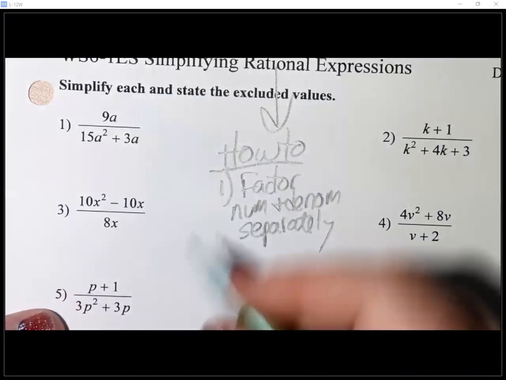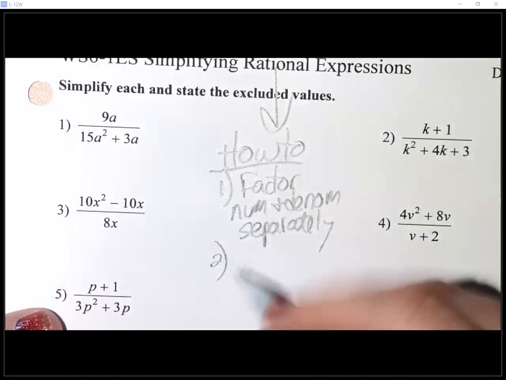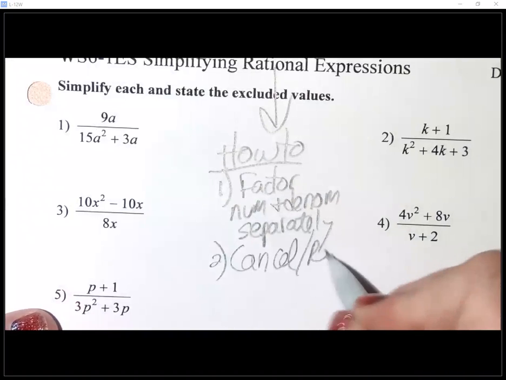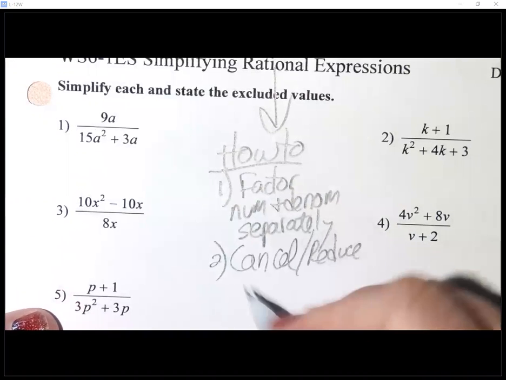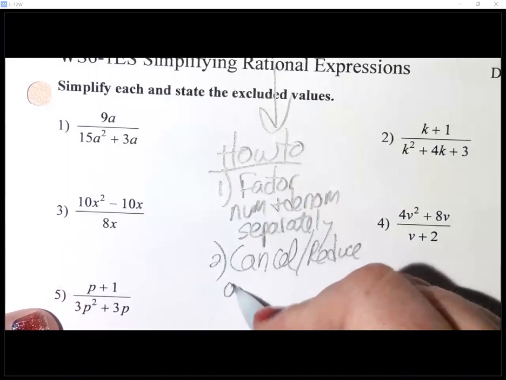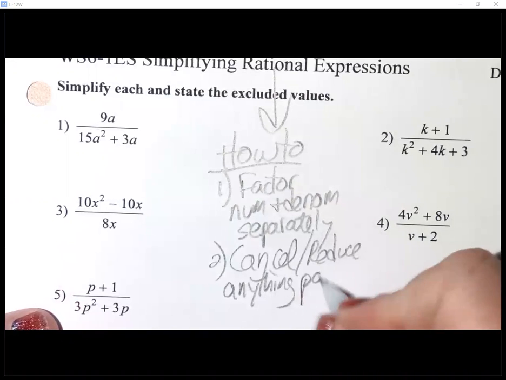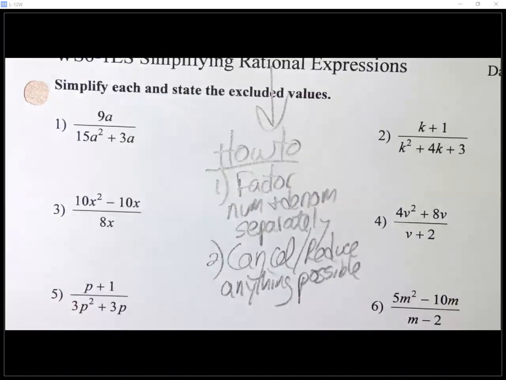Step two, you're going to cancel or reduce whatever you can. That's literally it. The most common mistake is that students do these two steps out of order.